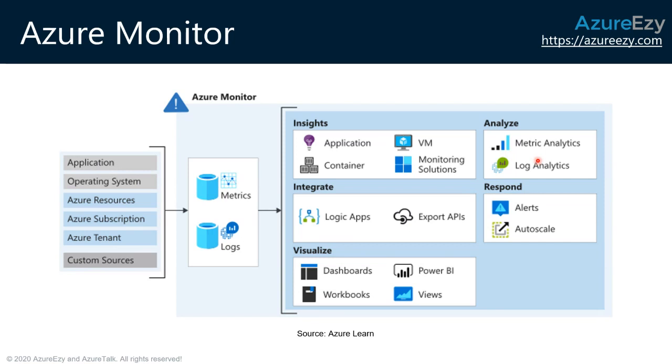Based on those queries, you can set up alerts, and you can even set up auto scale based on the Azure Monitor logs. So you can create an alert so that as soon as something comes into Azure Monitor, it does something. There are multiple things you can do with the alert: you can send an SMS, send an email, or run a function app.